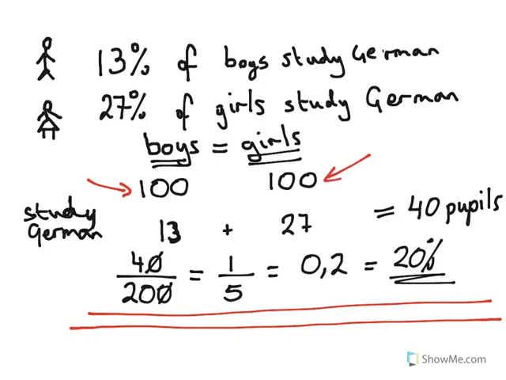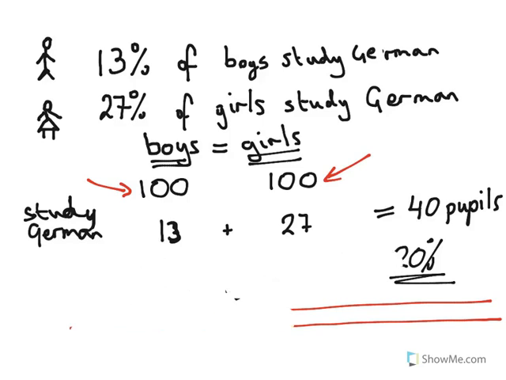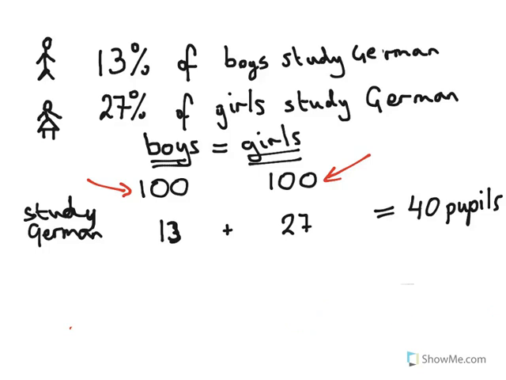Another way to solve this question would actually have been to use our algebra skills. So if we rub out the detailed answer here, we can just write in that our 40 pupils was equivalent to 40 out of 200 times 100%, which gave us 20%.